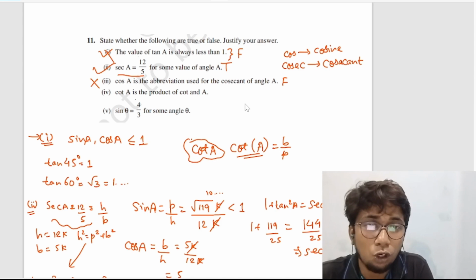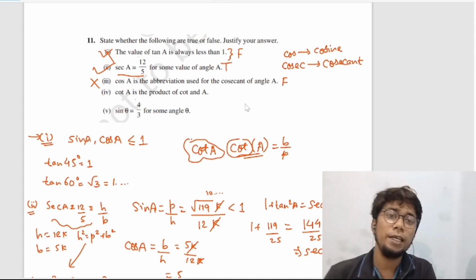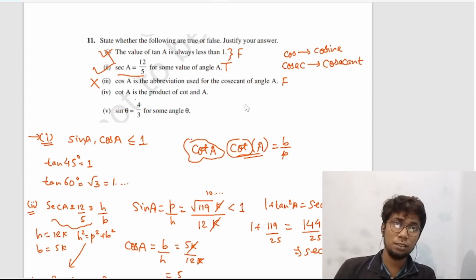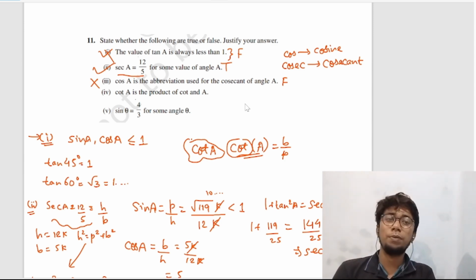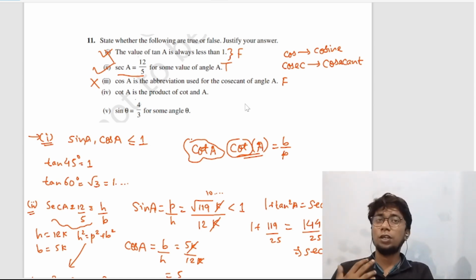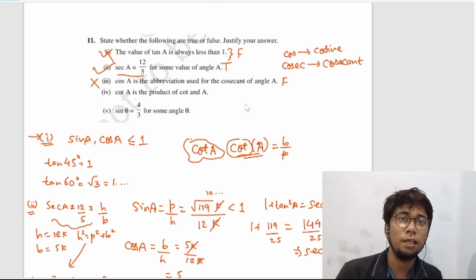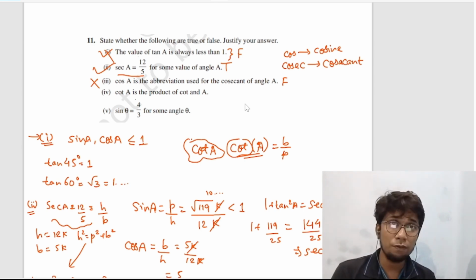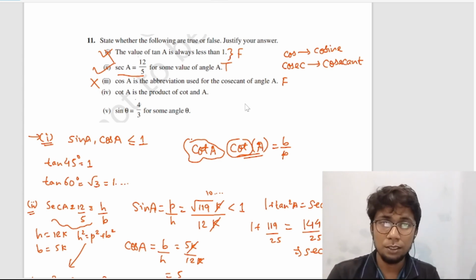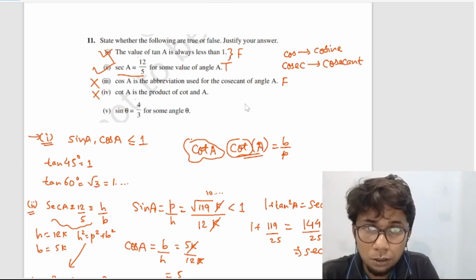It is not that some cot is multiplied with A. We already saw in the beginning of trigonometry that sin A and cos A or any trigonometric ratio doesn't mean we are multiplying something. We are evaluating the sin, cot, tan, whatever the trigonometric ratio of that particular angle A. Is it fine? So this is obviously wrong.